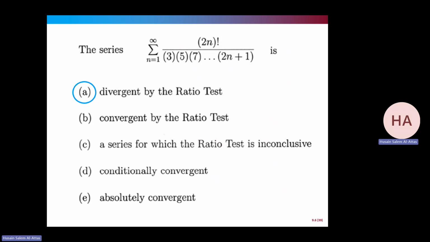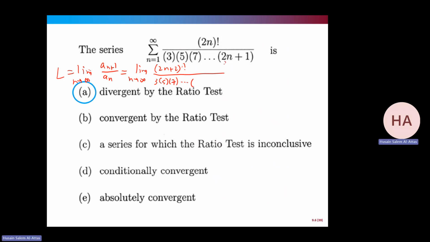This one, very clear, I need the ratio test. So L will be the limit as n goes to infinity of a_(n+1). Everything is positive. That will be the limit as n goes to infinity. This is 2n plus 2 factorial over 3, 5, 7.